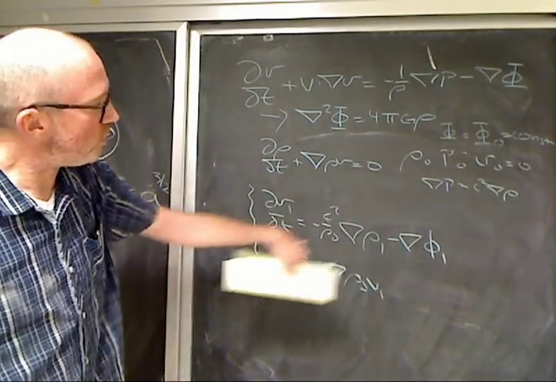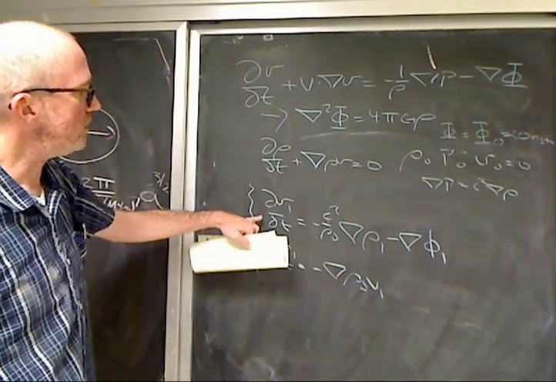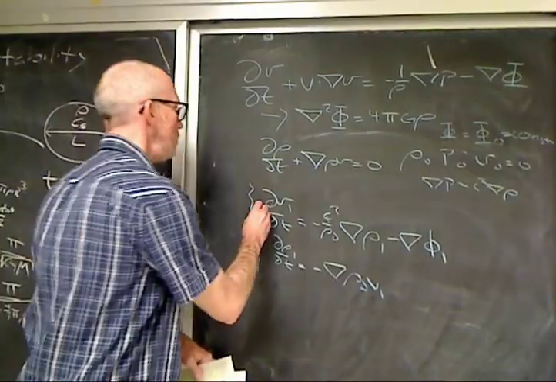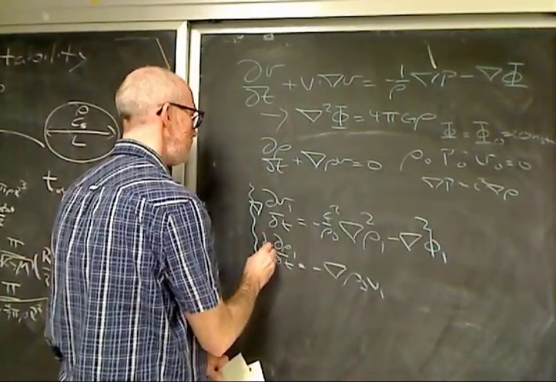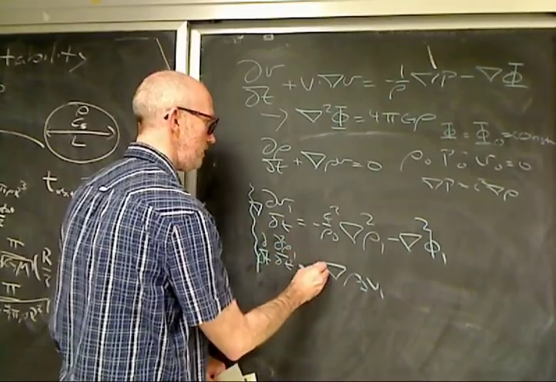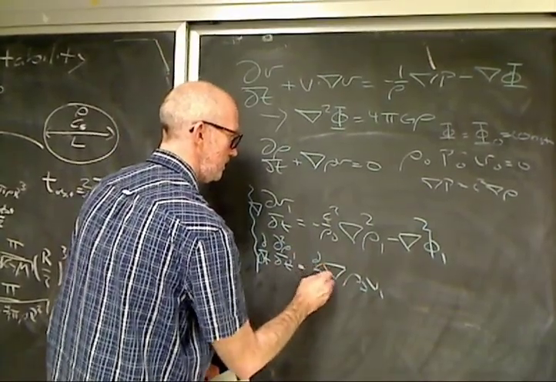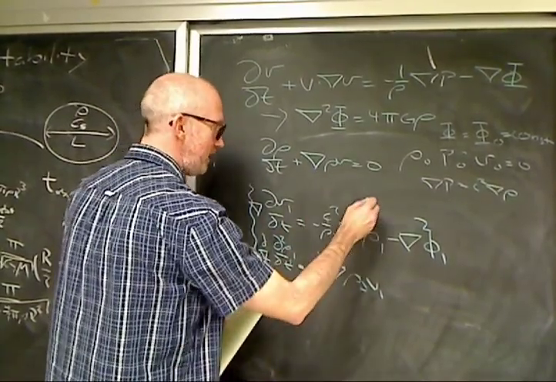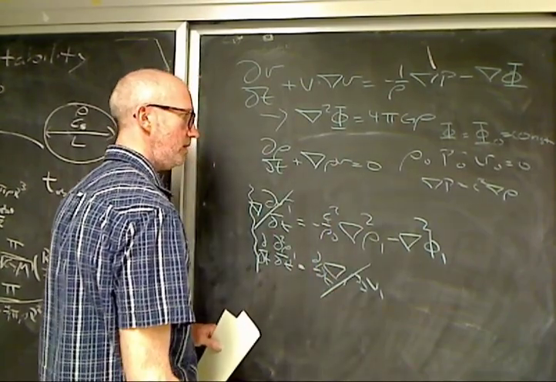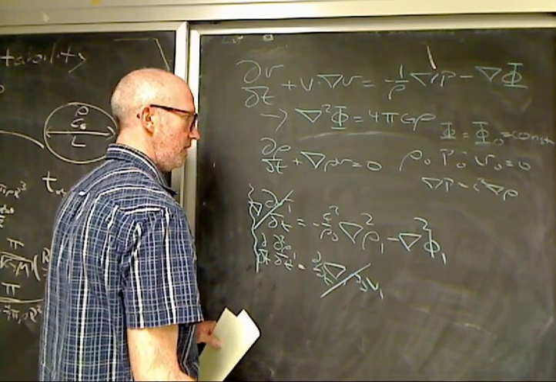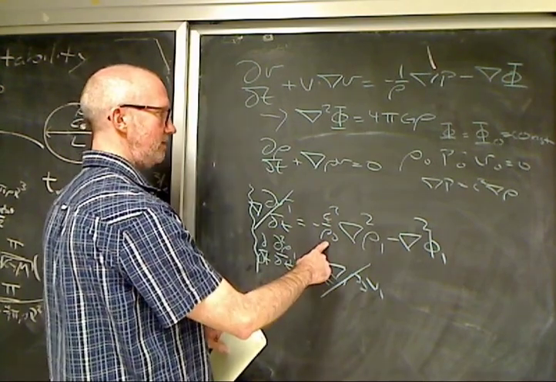So I just do the same cross differentiation of both of these things. So I'm going to cross differentiate this with a nabla. This gets a square and this gets a square, and I'm going to cross time differentiate with this, and this gets a square and this gets a dt. And then I subtract, and this term cancels this term. I've got to multiply through by a rho naught in there.